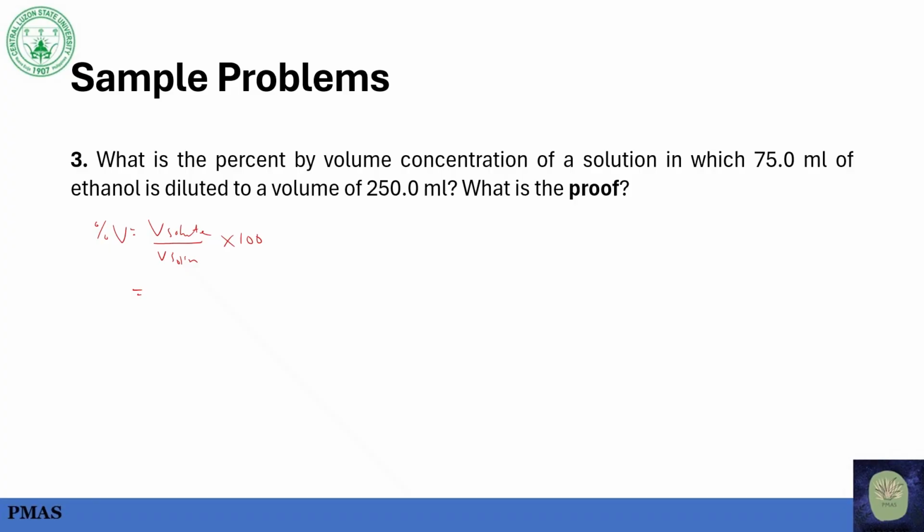The volume of solute is 75 ml, divided by the volume of solution. Since it says diluted to a volume, 250 ml is already the volume of solution, so we use 250 ml, then times 100.